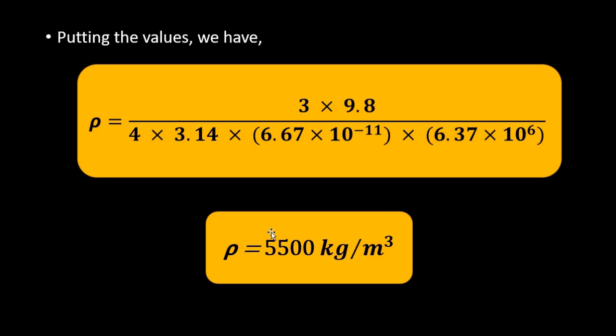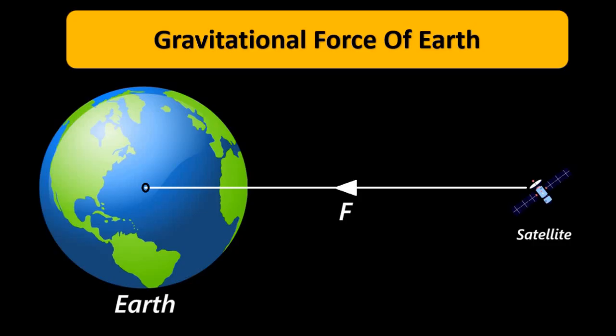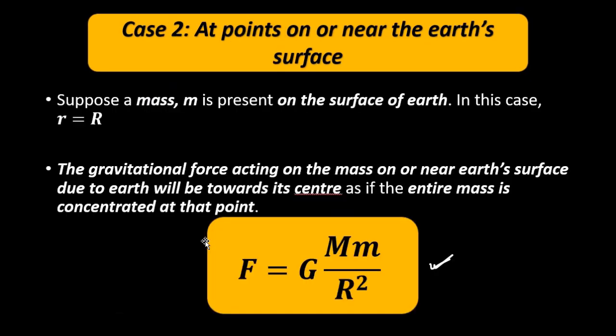So I round it off in terms of a round expression, it is 5500 kg per meter cube. This is the average density of Earth.